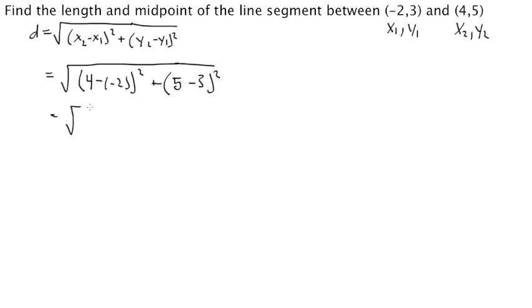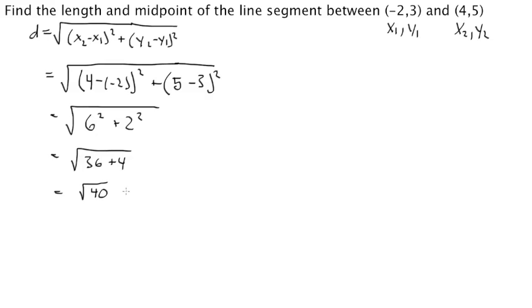Okay, so that leaves me with 4 minus -2, so 4 plus 2, so 6 squared, plus 5 minus 3, that will be 2 squared. So square root of 36 plus 4, it's going to be square root of 40.